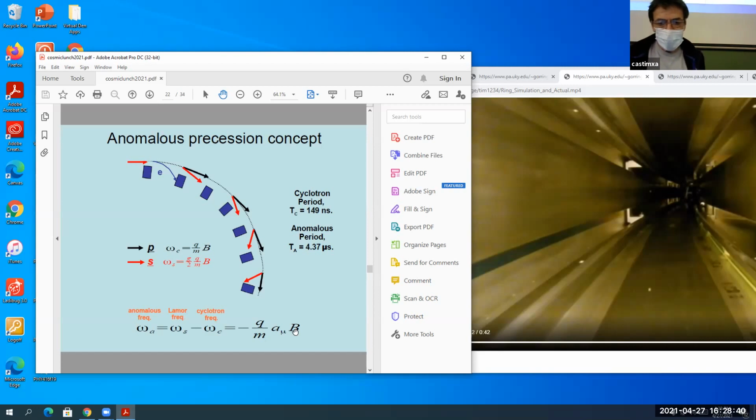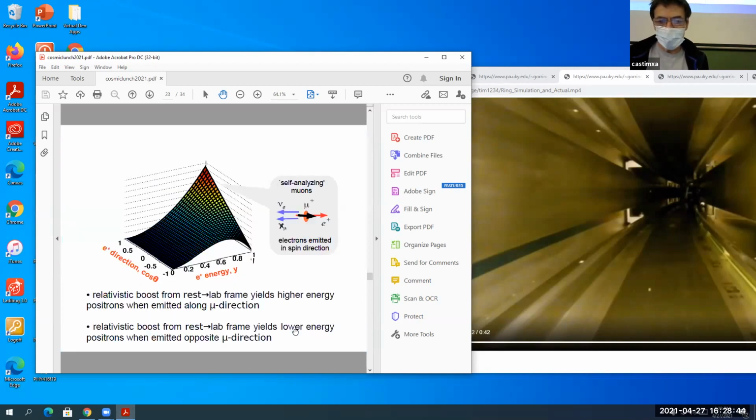So let me show you why we're sensitive to that anomalous frequency. That's the other trick in here. The basic idea is that I mentioned the muon decays into an electron and two neutrinos. We're going to detect the electron.